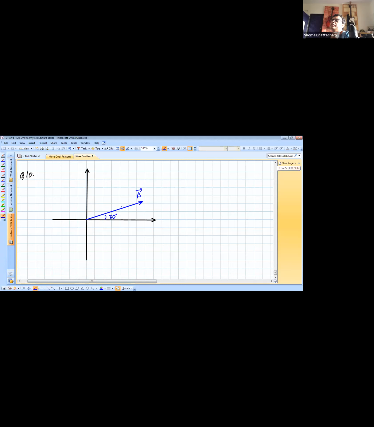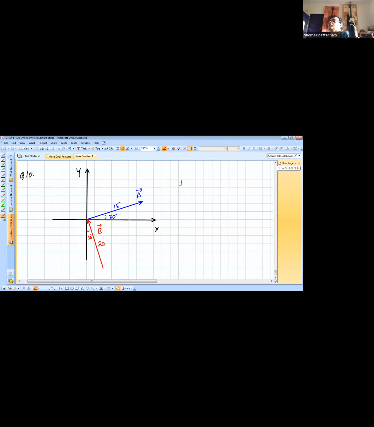This angle is 30 degrees and let us say its magnitude is 15. And the vector B is shown like this, and its magnitude is 20. And this angle is 30 degrees. And these are our standard XY plane.